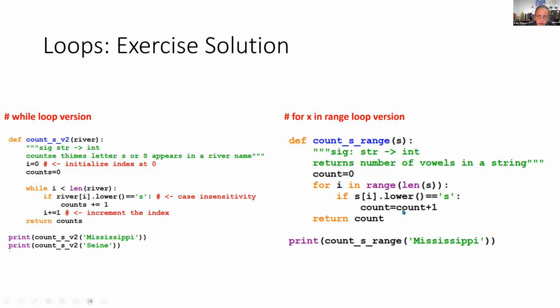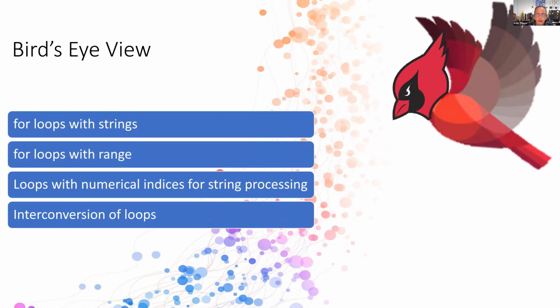And here we will cycle over all of this, and we will return count as our variable. So that gives you a sense of how you could go between the while loop and the for x in range loop version. So this concludes our discussion on the looping and string processing.